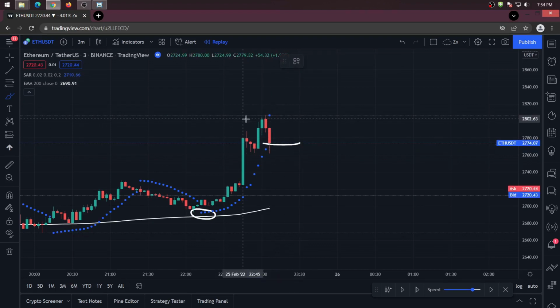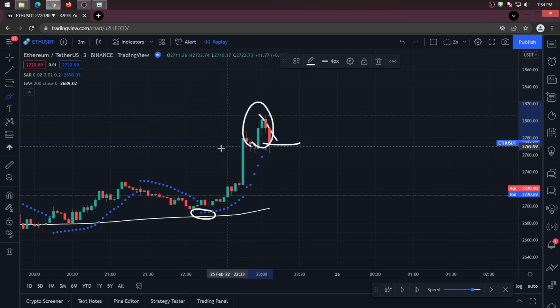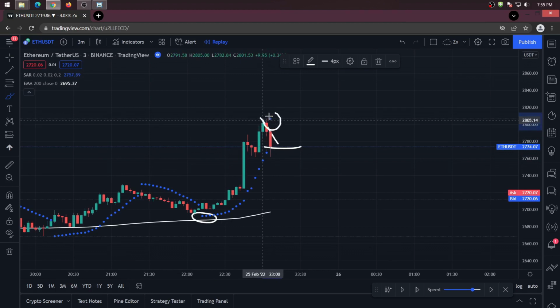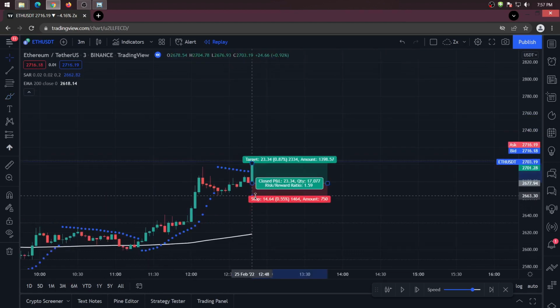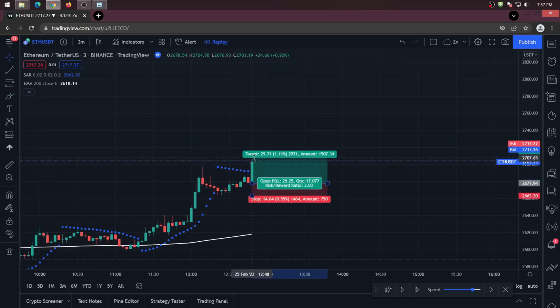But you can see the parabolic SAR switched its position with a delay, and because of that you have a chance of some loss. So there is also a better way to exit. Instead of waiting for it to switch, you can set the stop loss at the last parabolic SAR dot and the profit target at 1.70% from your stop loss.